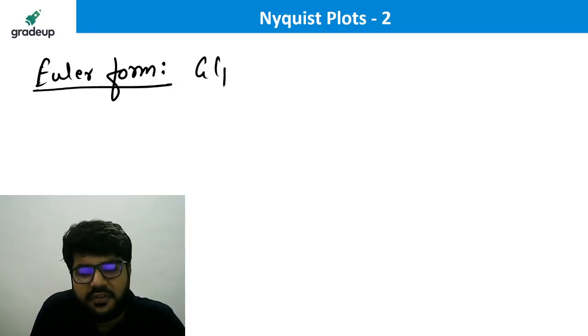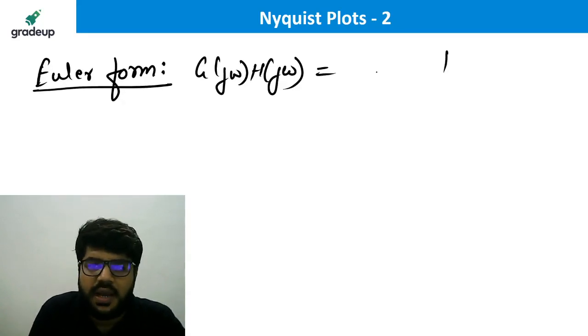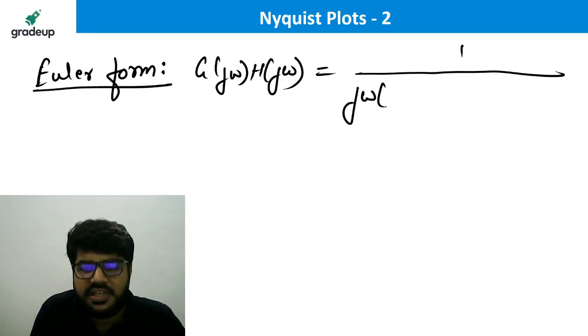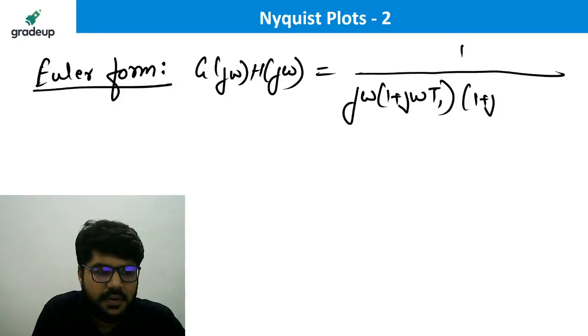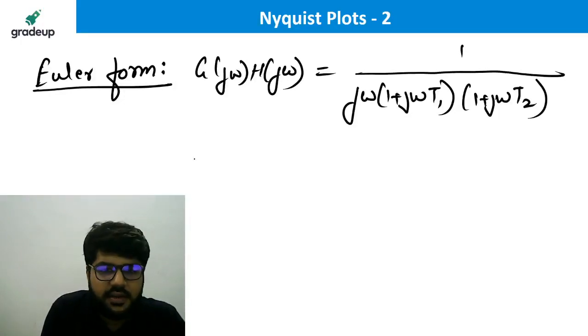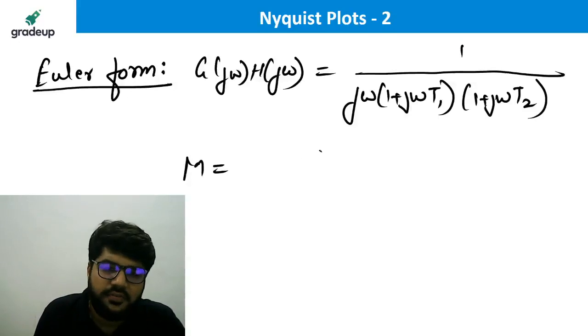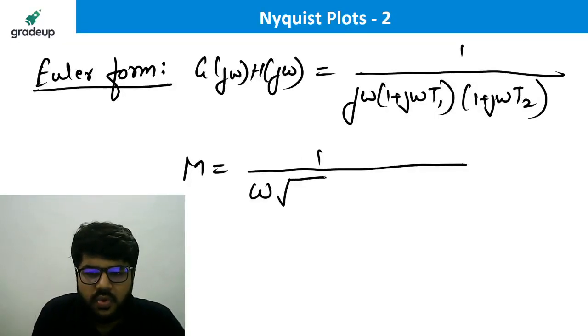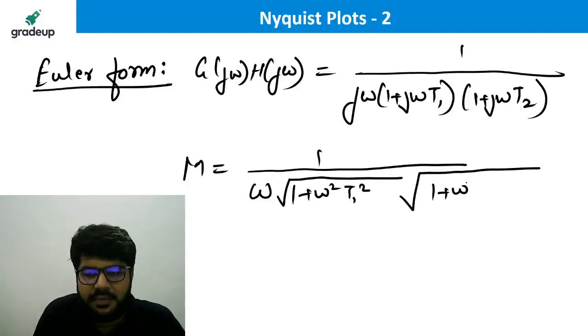So what is first of all G(j omega) H(j omega)? Let us rewrite, and that is equal to 1 upon j omega (1 plus j omega T1)(1 plus j omega T2). So what is the magnitude function? It is 1 upon omega root over 1 plus omega square T1 square, root over 1 plus omega square T2 square.